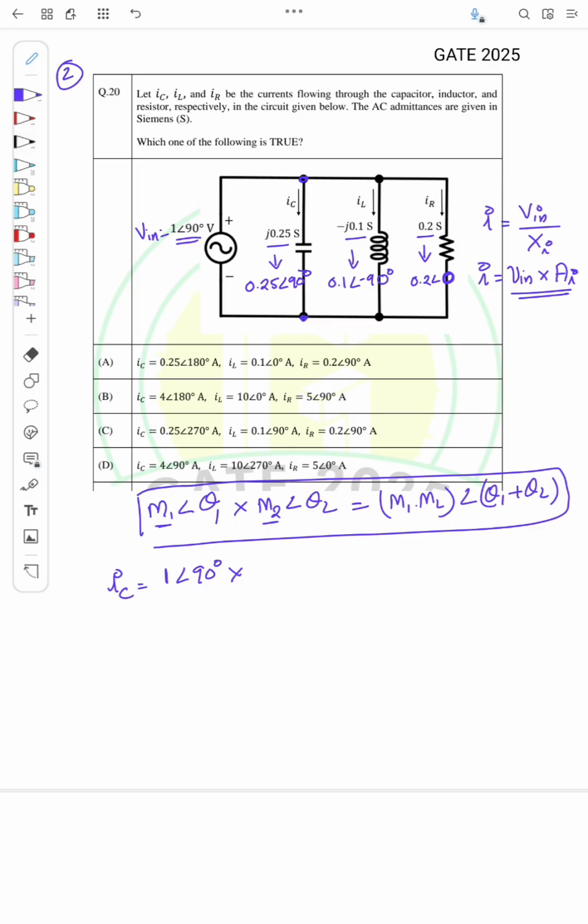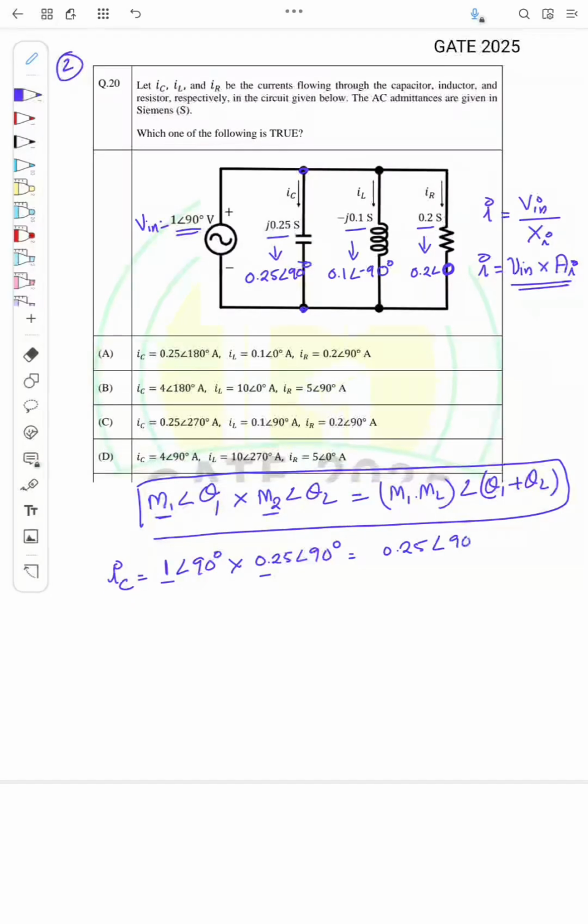So the current IC will be equal to 1 angle 90 into the admittance of the capacitor, that is 0.25 angle 90. So this is 0.25 into 1, which is 0.25, angle 90 plus 90, so 0.25 angle 180, right?